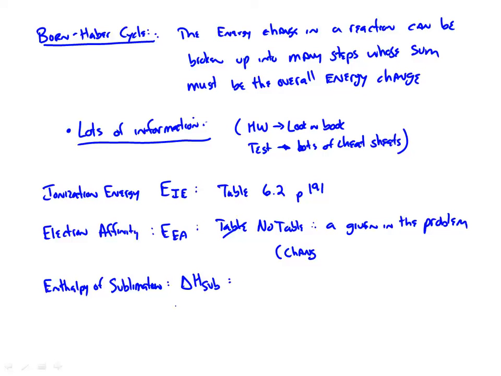That's the energy required to go from a solid to a gas. And that's on McMurray, page 246. So it's not even in this chapter. It's technically chapter 7, I think.